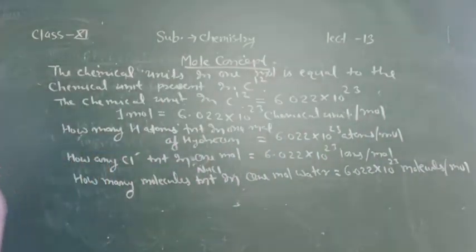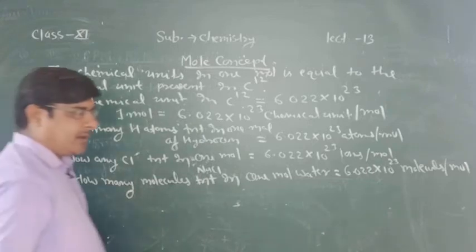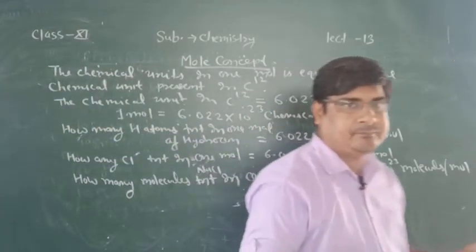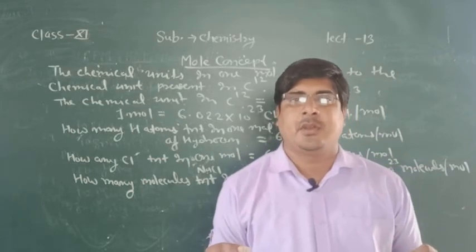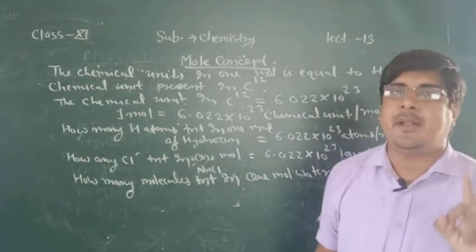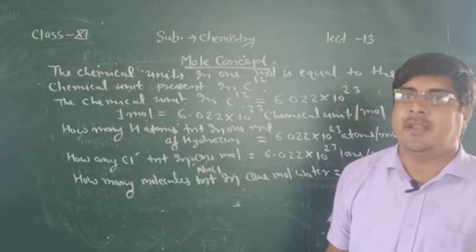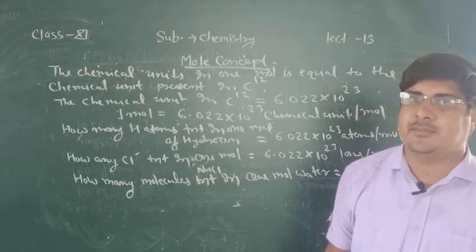So first take the screenshot, then we will solve some numerical questions related to the mole concept. Okay, one more thing. About any gas, the volume of 1 mole gas always remains 22.4 liter.